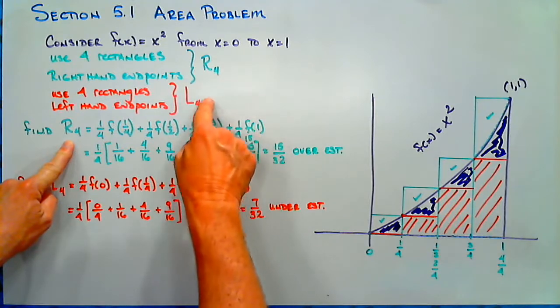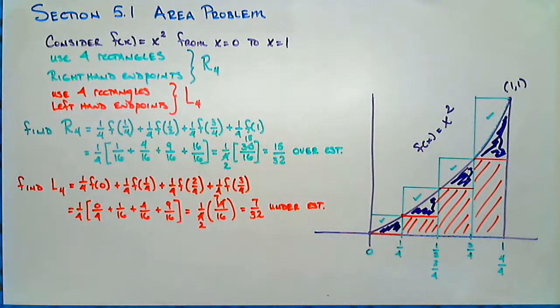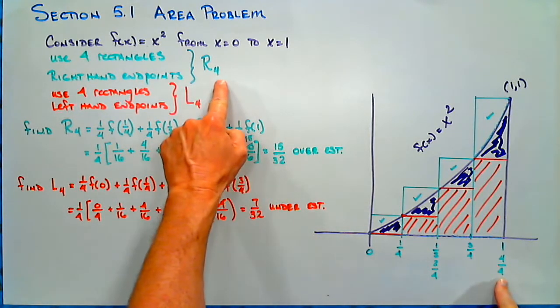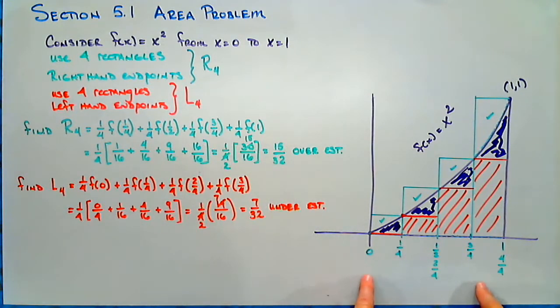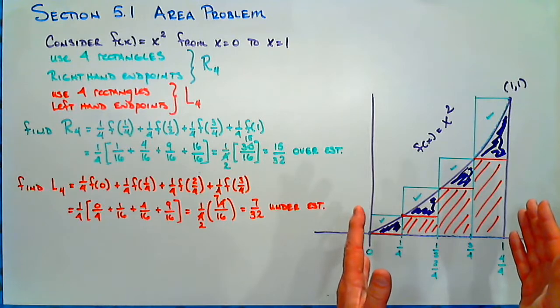Whatever this subscript is, it might be 4, it might be 6, it might be 8. Then we are going to draw an appropriate number of rectangles. Based on that, we'll partition, is the word we're going to use. We'll partition our interval into this many sub-intervals. And that will allow us to come up with a picture.